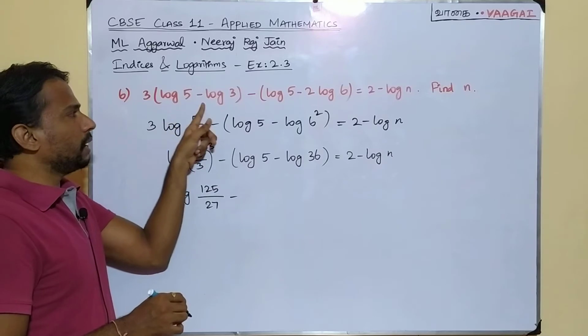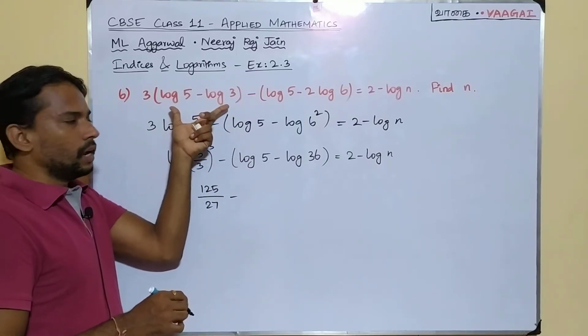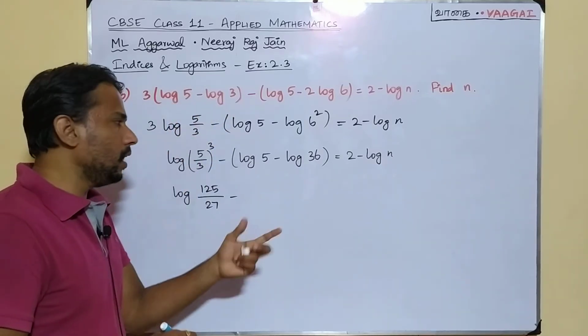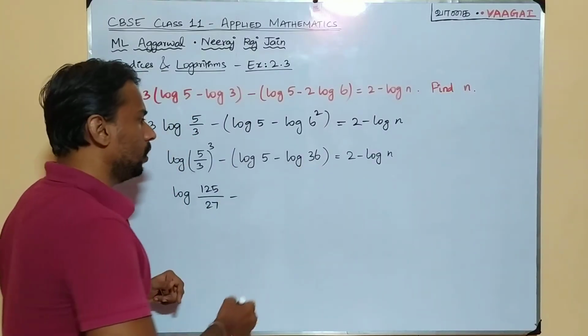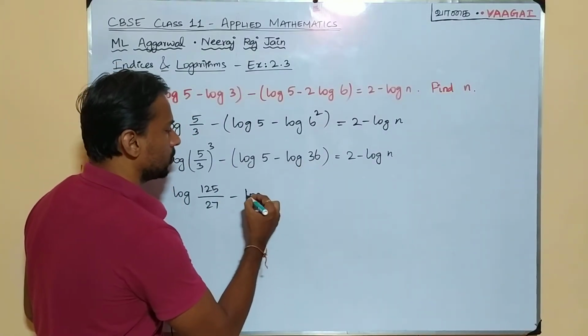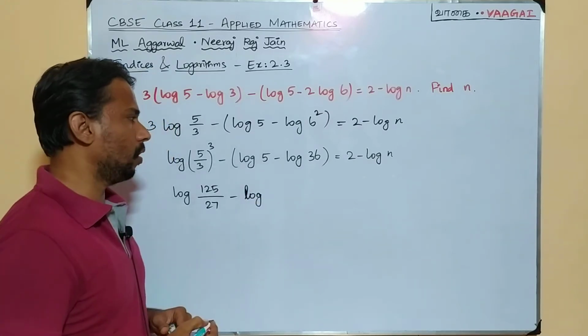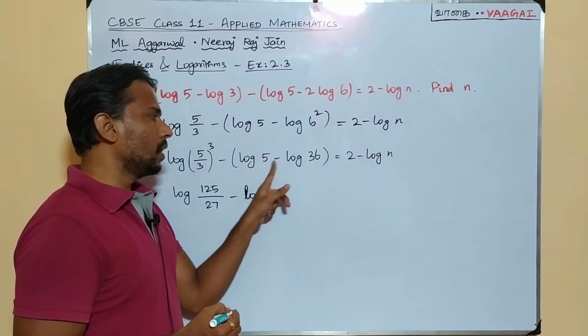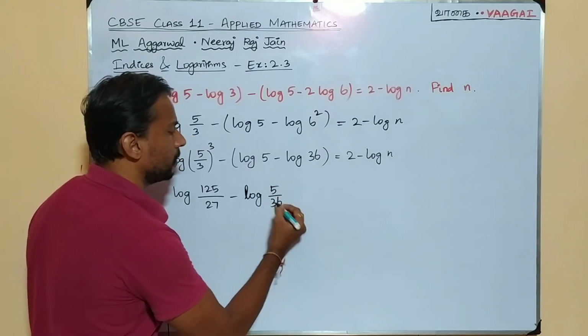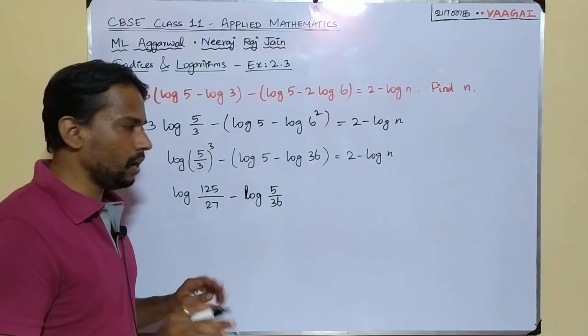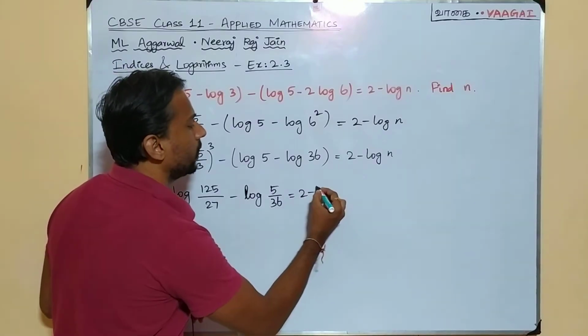Log A minus log B, how we used here, the same way we can use the quotient rule here. If I use quotient rule, this will become log of, now I have 5 and 36, so this becomes 5 by 36. Clear? Is equal to 2 minus log n.